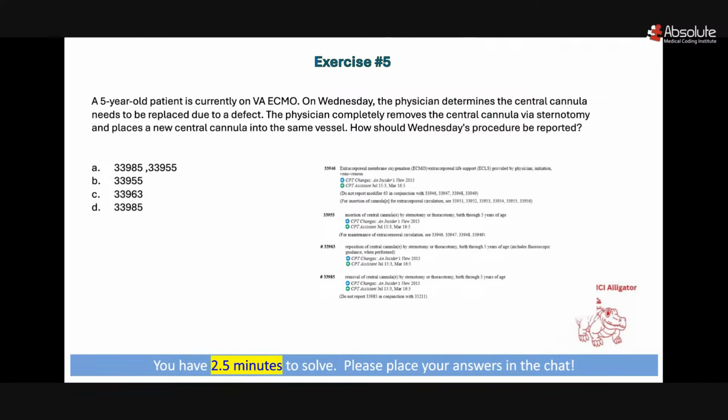All right, that's almost time. And okay, you can see the answers. The guidelines are going to play a big role in selecting the correct answer for this scenario, coders. So if you want to change, I will give you some more time. Okay, go ahead, have a second look into it.